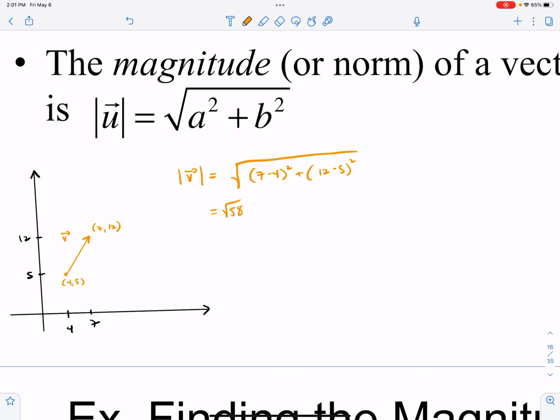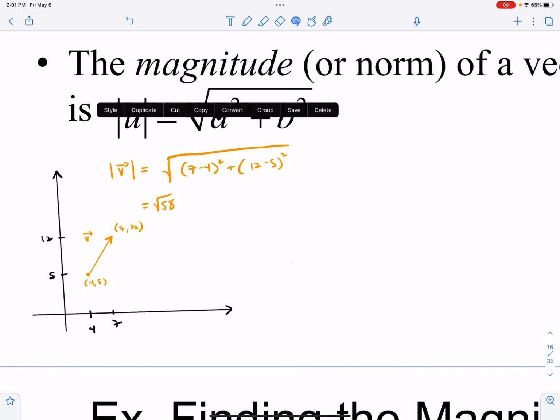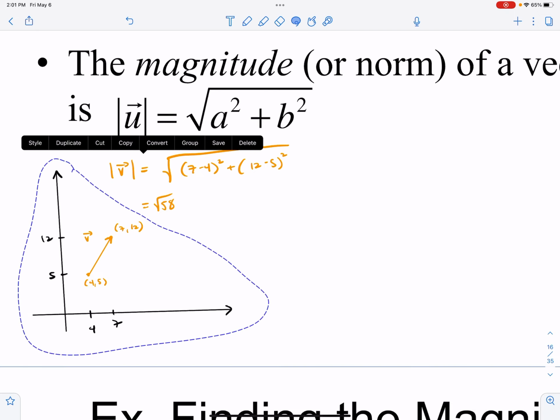If the vector is in standard position, though, so I'm just going to copy and paste this.